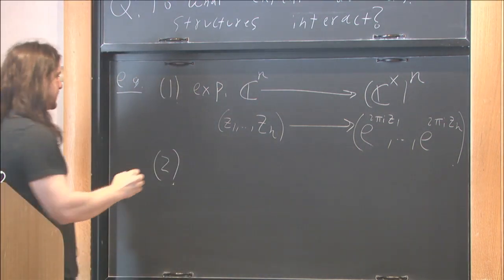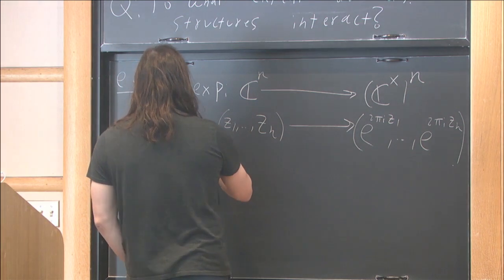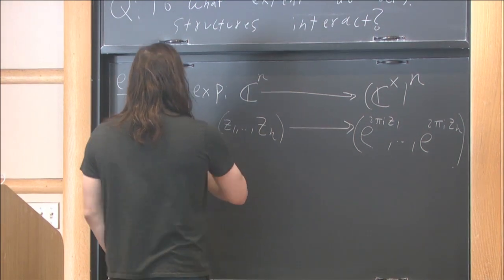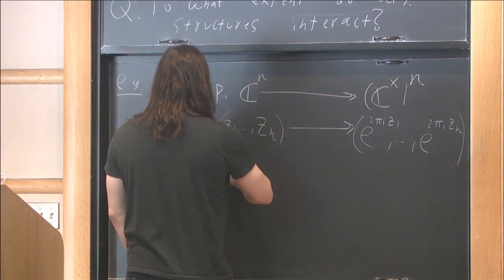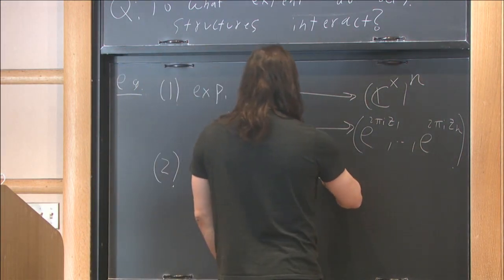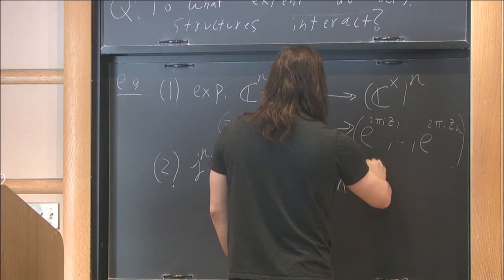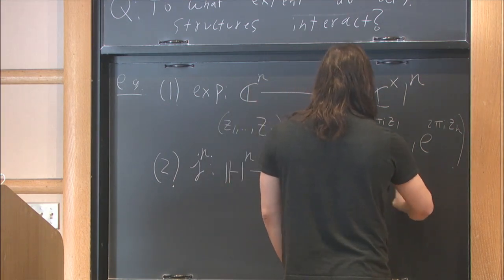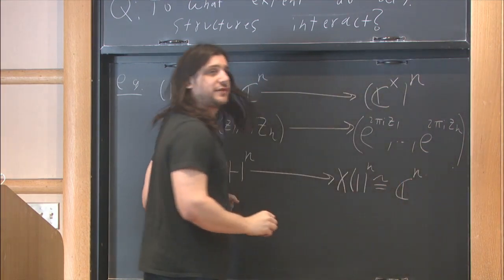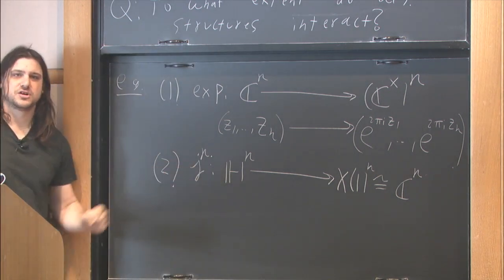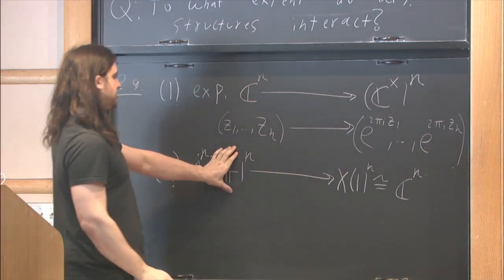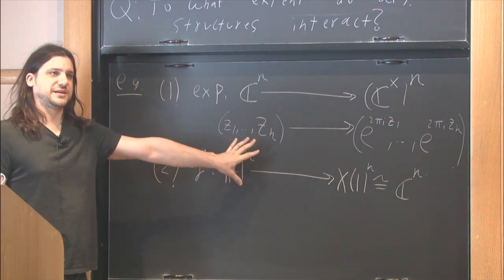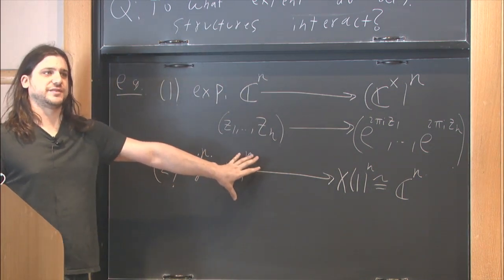And the second example I want to talk about is the simplest Shimura example, where now we don't have an algebraic variety over here, and this is typical in the Shimura world. But the upper half plane is a natural subset of the complex numbers, or more naturally the projective line.